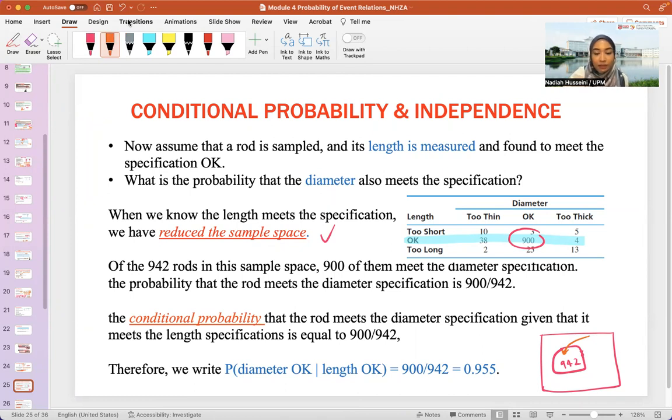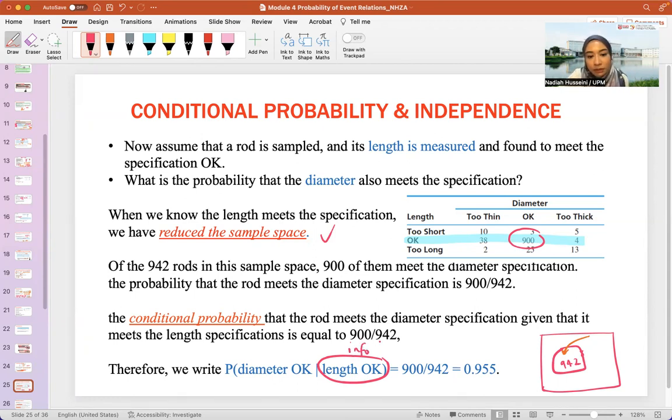Length, right? So I took a rod, I measured its length. That was the info that I had when my sample space was reduced. So the info that I have is over at the right side. It's not at the front. The front part is the diameter, even though this is the info that I have.